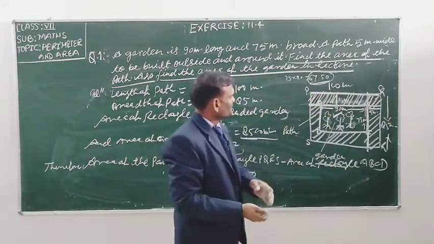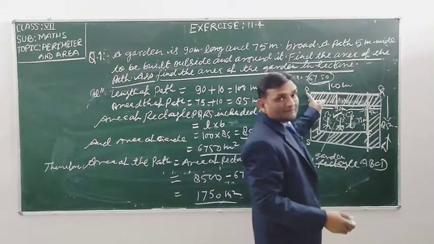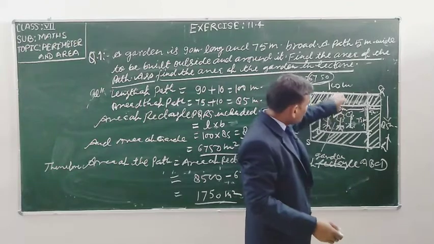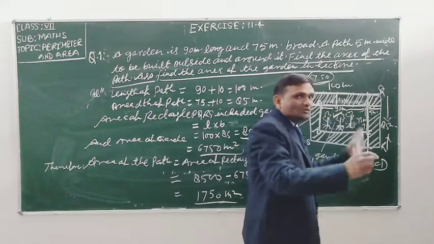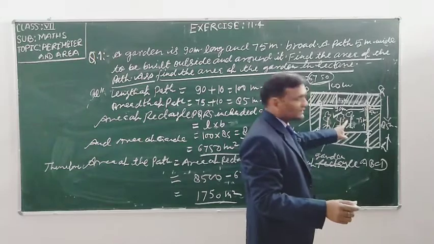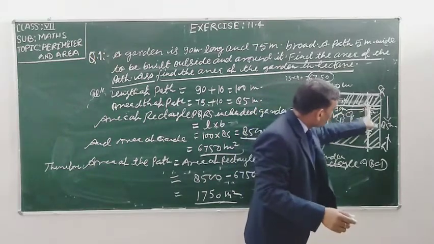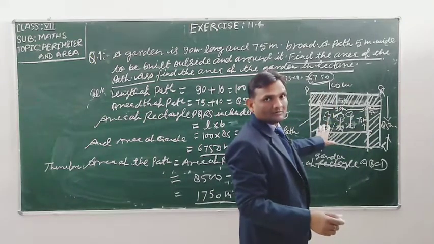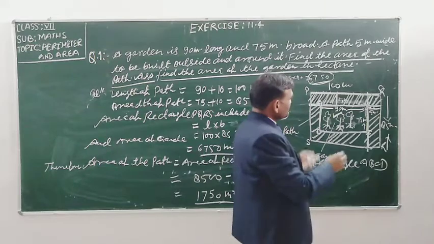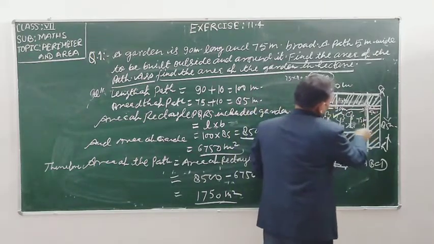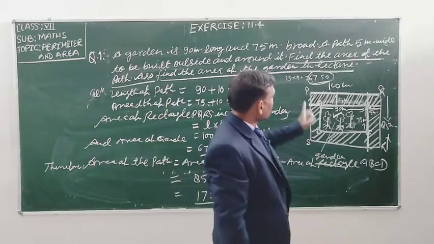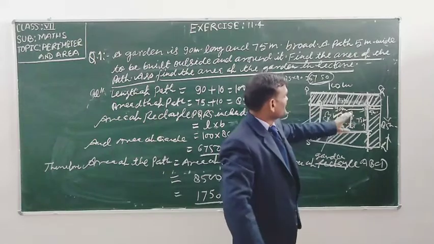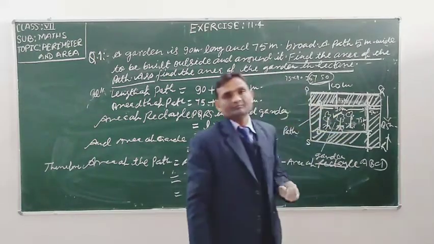It means firstly you will find the area of the large rectangle in which path and garden are included, and after this you will find the area of the garden only, means rectangle ABCD, and in the last step you will subtract the area of the garden from the area of the rectangle PQRS, in which the area of the path and garden is included.